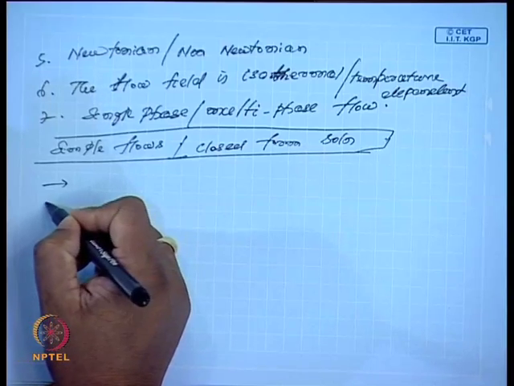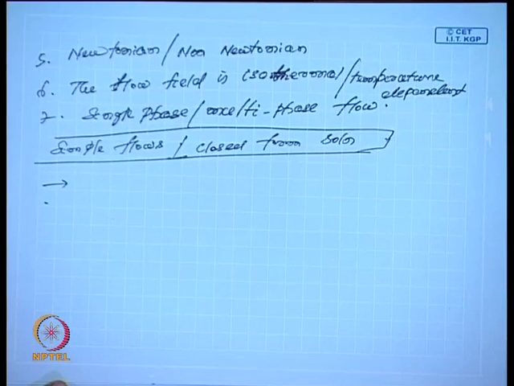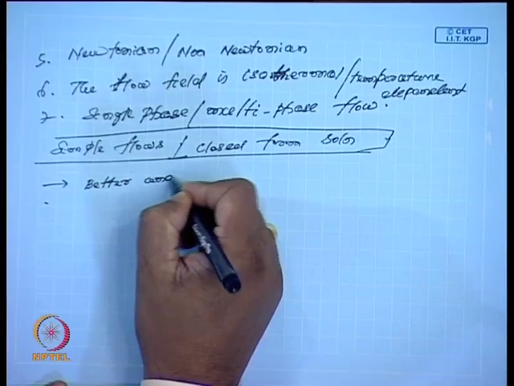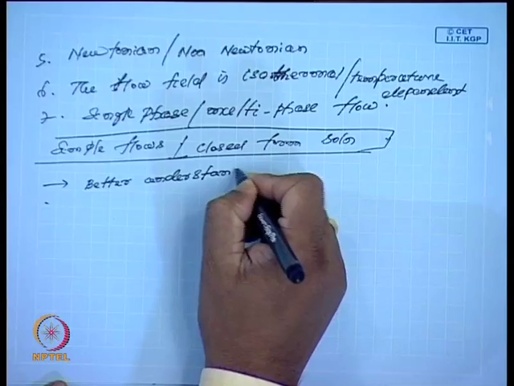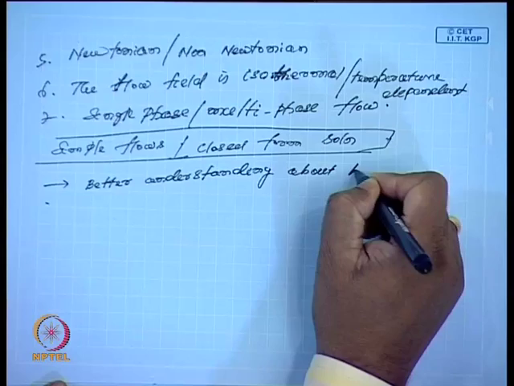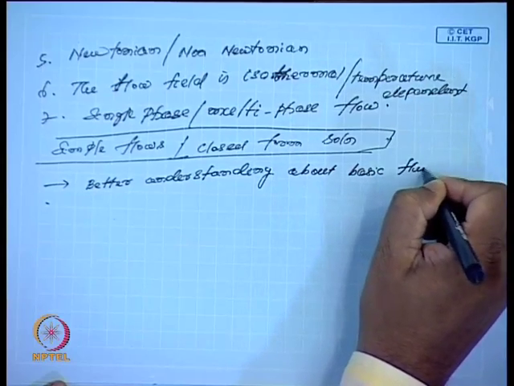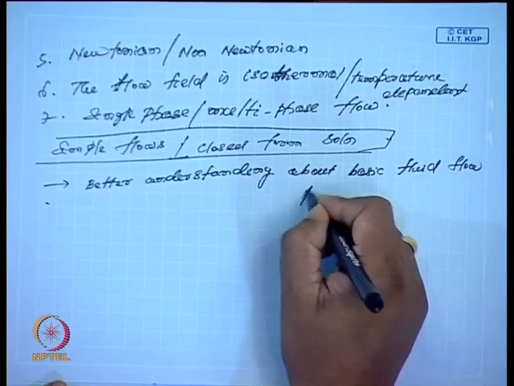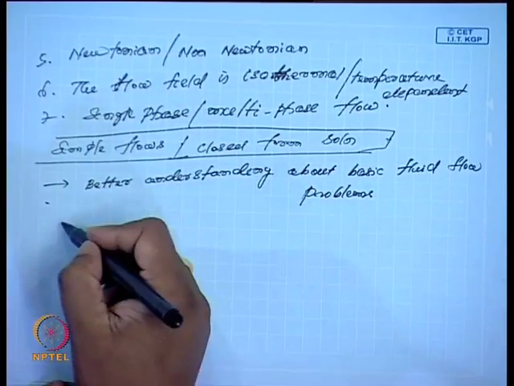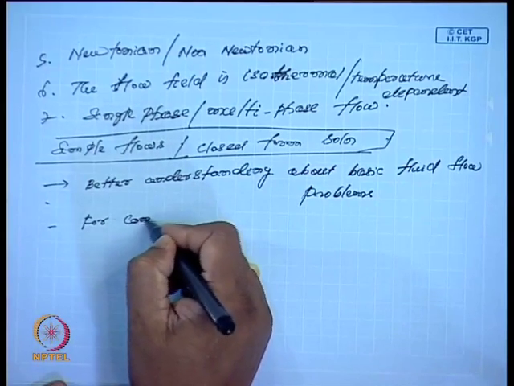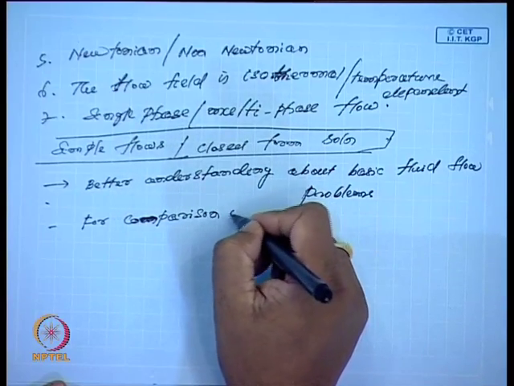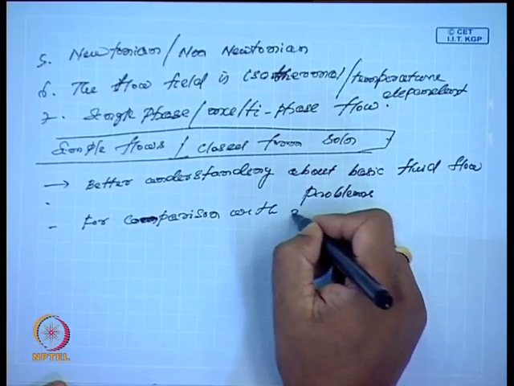Some of the reasons are that when we analyze a simple flow, we get a better understanding of the flow characteristics, about fluid dynamics, about basic fluid flow problems, and a better comparison between unknown results and new solutions, new results.